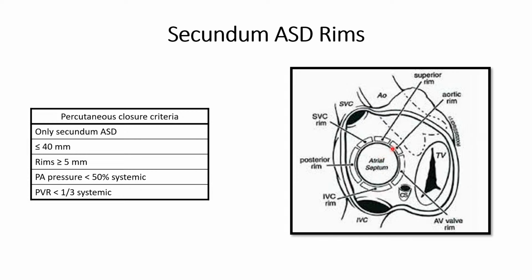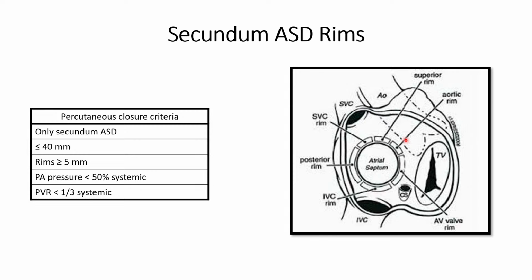Because if you have a deficient aortic rim, but you have a solid posterior rim that you can see here, this is the largest slice of the pizza. Your device will anchor here and will be stabilized here and won't erode in the aorta, which is where the popularity of the aortic rim comes from.